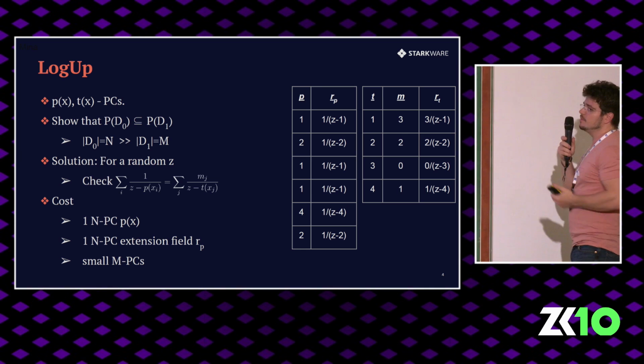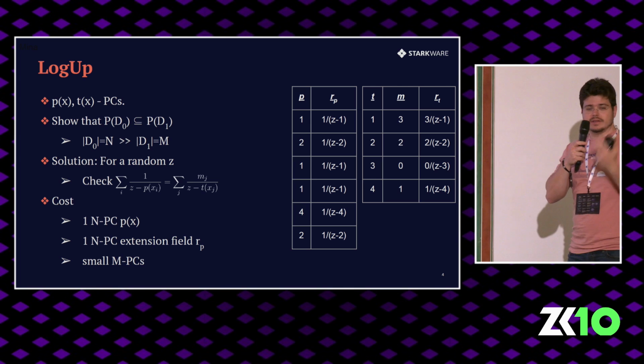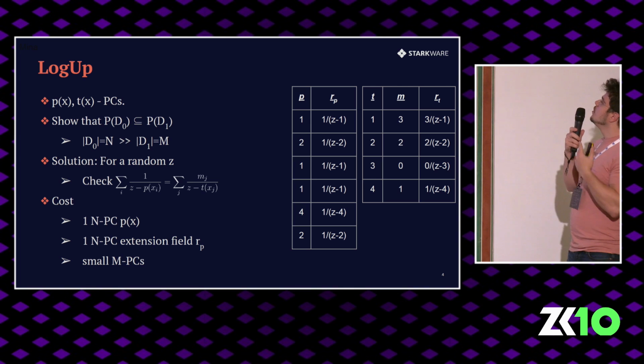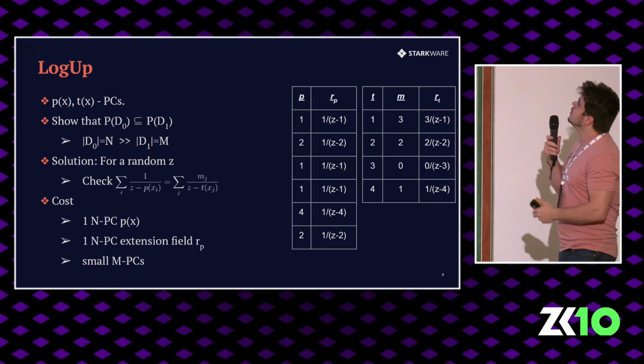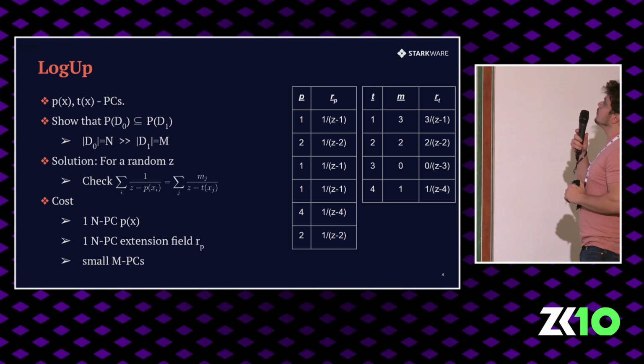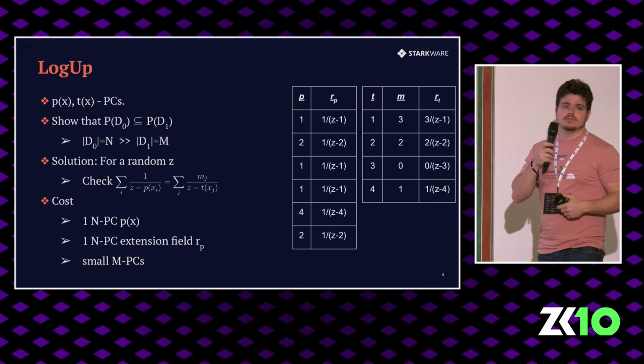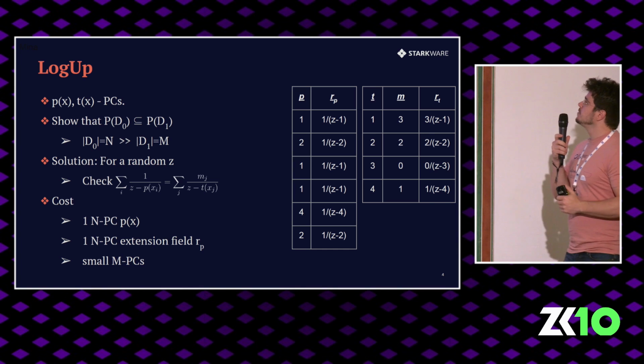And on the table side, instead of duplicating all the values and writing 1 three times, we only allocate 1 row for the value 1, and add another column for the multiplicity, for how many times it appears on the left.